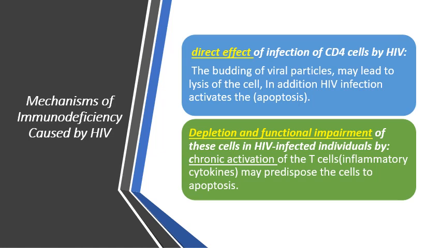Antibody against HIV envelope protein may bind to HIV-infected CD4 T cells and target the cell for antibody-dependent cell-mediated cytotoxicity. This is the way that antibody can target these infected cells.